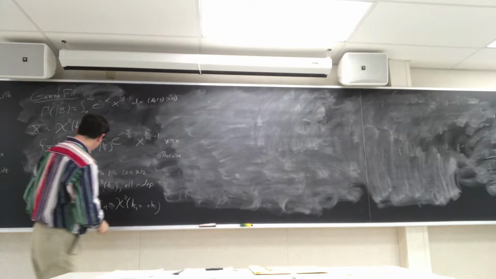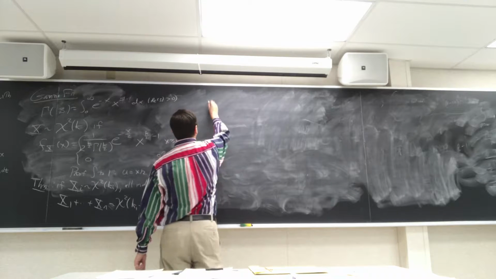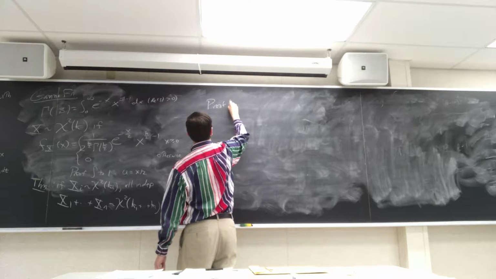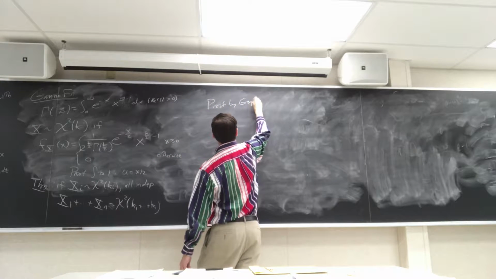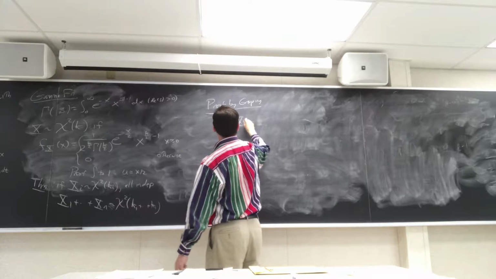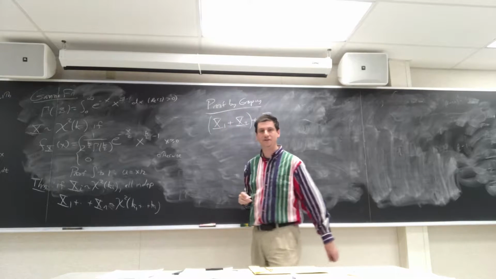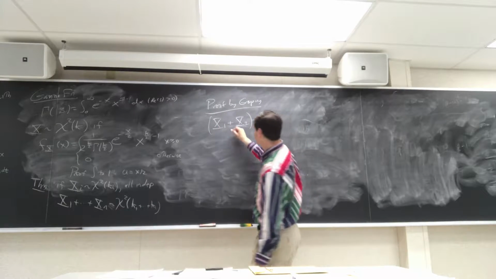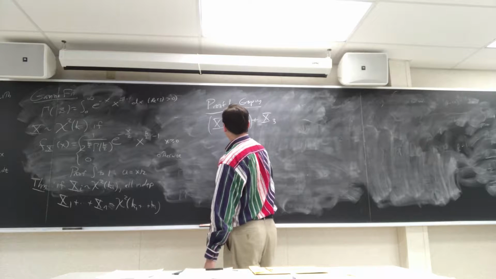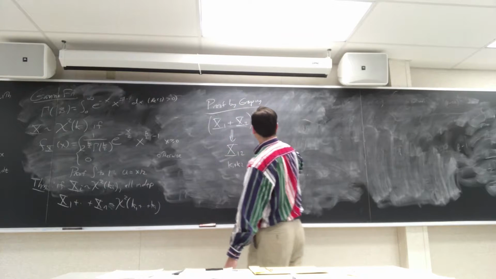All we have to do is show that the sum of two chi-squared random variables is chi-squared. So proof by grouping. So if we have x1 plus x2 plus x3, we first group these two together. And then that will be a chi-squared random variable with k1 plus k2 degrees of freedom.